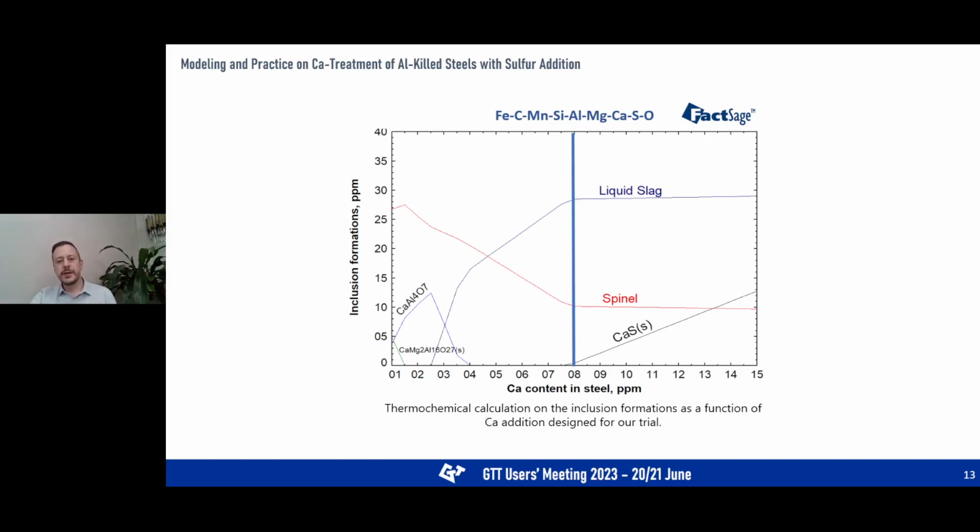Although spinel formation cannot be avoided, it can be decreased to minimum levels with calcium addition. For the optimum calcium addition, we aim to add a sufficient amount of calcium silicon wire which forms minimum solid calcium sulfide and spinel inclusions but maximum liquid inclusions, as seen with the blue line on the graph.